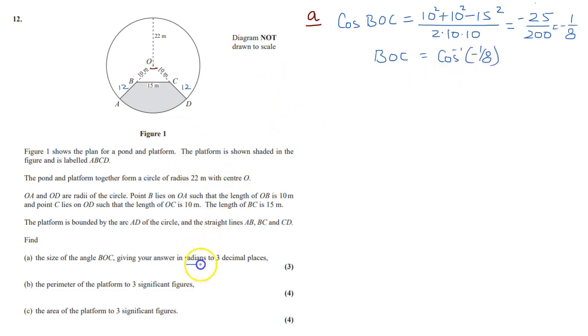We have to find the angle in radians, so put the mode of your calculator at radians. So it will be, up to 3 decimal places, 1.696. So that is the angle BOC.